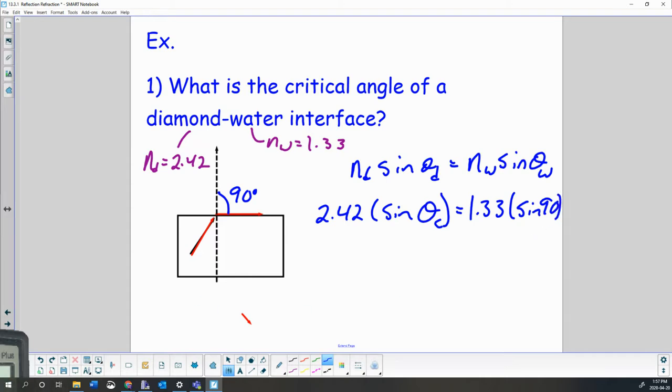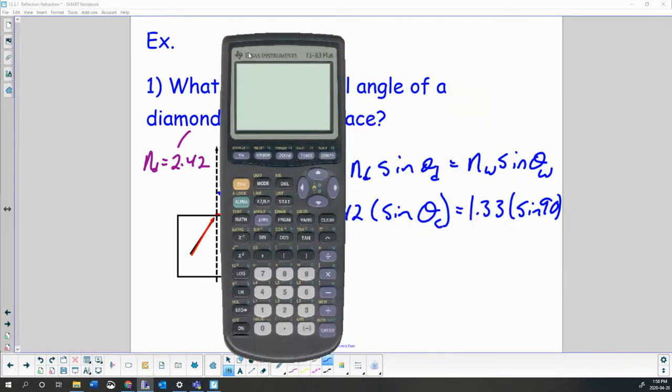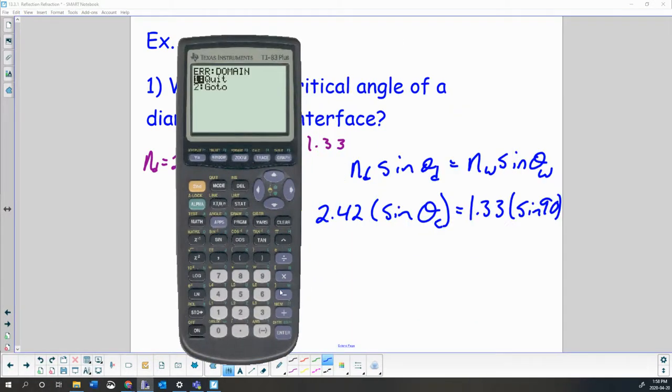So if we pull out our calculator, take a look. 1.33 times the sine of 90. Sine of 90 is 1, so no surprise, it's 1.33. Move the 2.42 over here by dividing by 2.42.